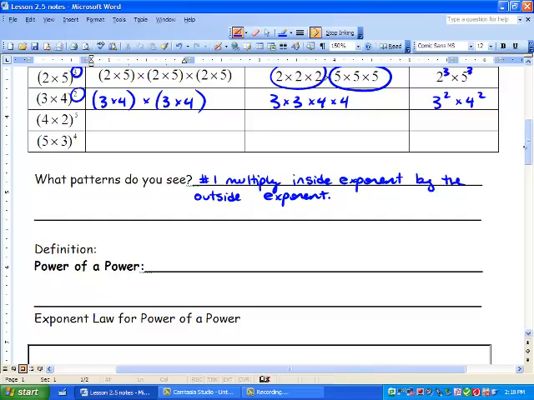And this is, we keep the base, and this is called power of a power.